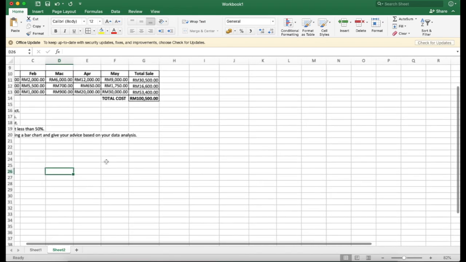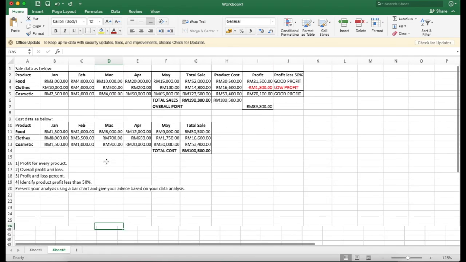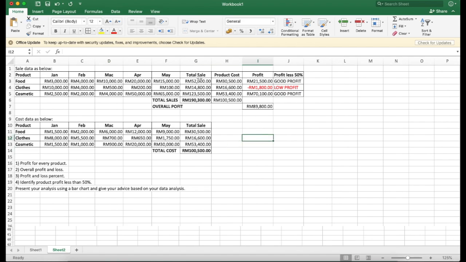Okay, chart ni kita nak present apa? Monthly. Kita akan present monthly profit je lah. Okay, untuk graph ni. Monthly. Okay, this one. So profit dengan produk. So dua tu. So insert.